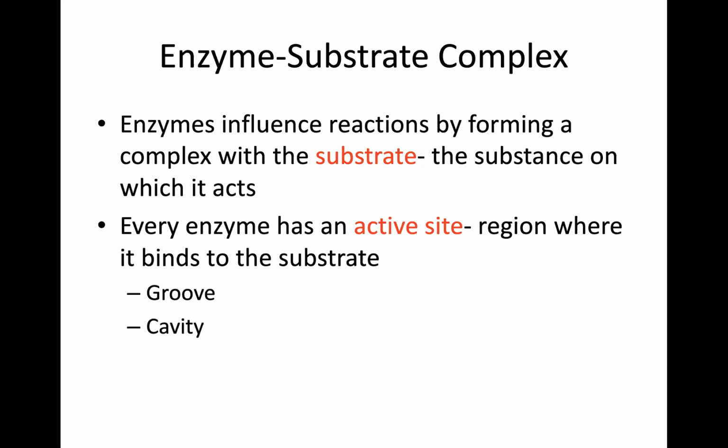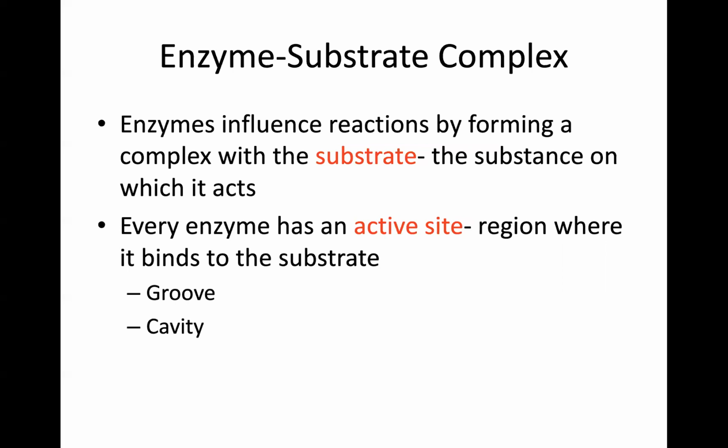It is a very specific site, with a very specific shape or conformation, right? Remember, our enzymes are proteins, and we talked about the different shapes and conformations of proteins. So this enzyme is going to be of a specific shape, and it's going to have to fit precisely into another specific groove on its substrate. Okay, that's called the active site.